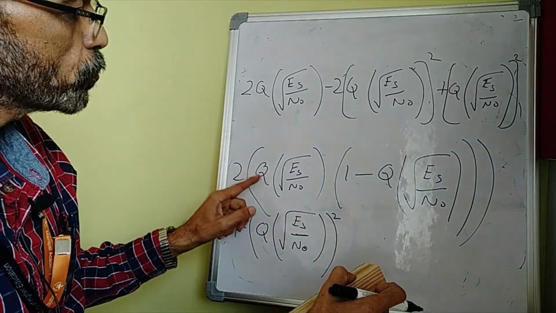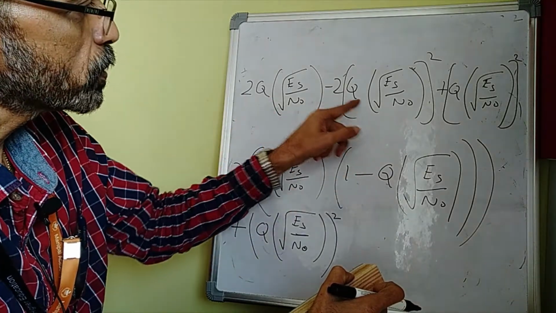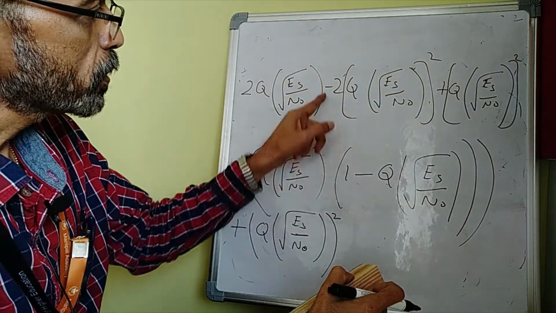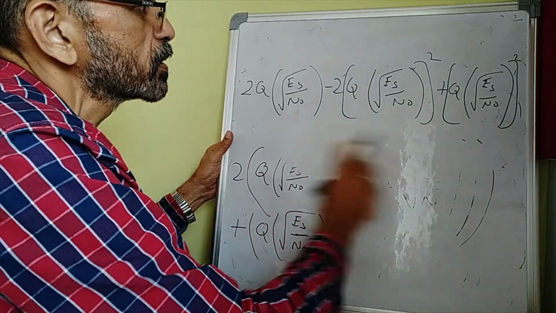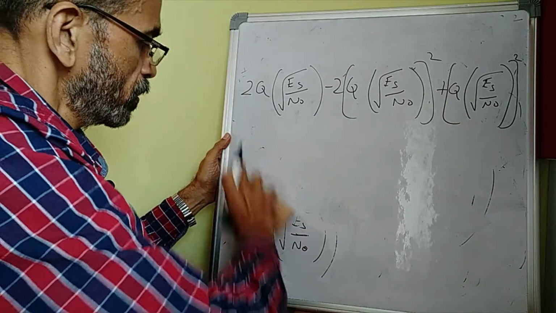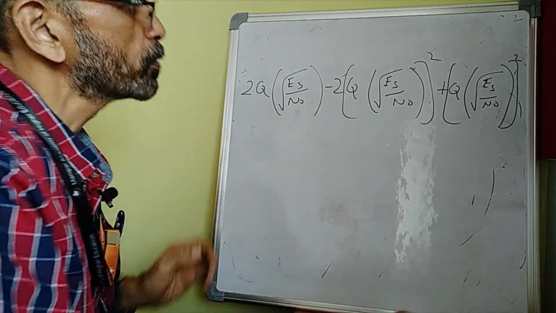Isn't it? So 2 into Q is here, 2 into Q is here. That is a negative sign, and this is just over there, and you can simply see that of the last two terms, one of them will vanish, and consequently the 2 becomes 1.